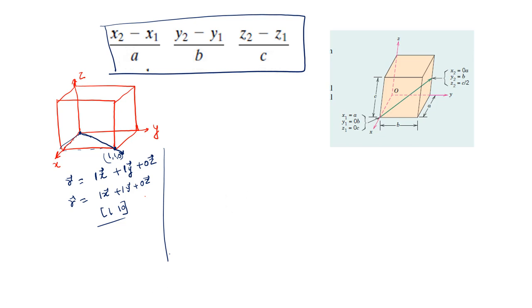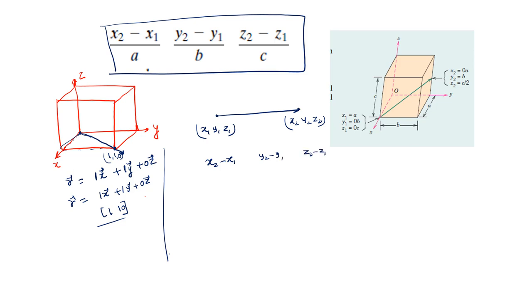So x2 minus x1: you start from the point x1 y1 z1, and the second point will be x2 y2 z2. Like the example I told you about a and b, you start from this point to that point and subtract the coordinates, so x2 minus x1, y2 minus y1 and z2 minus z1.